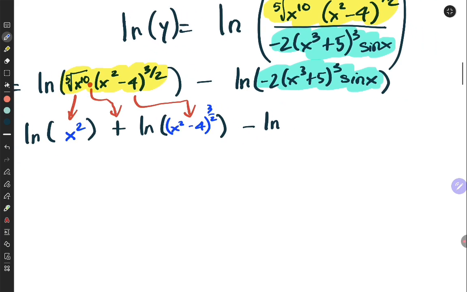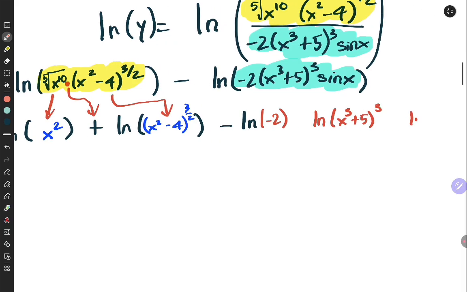The first one is negative 2. The second one is x cubed plus 5. The third one is sine of x. However, I should put the plus sign, because this is a product.